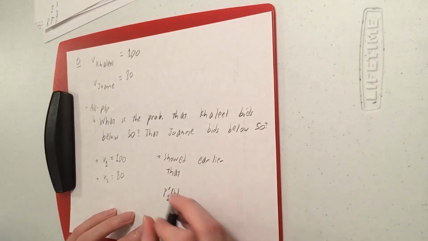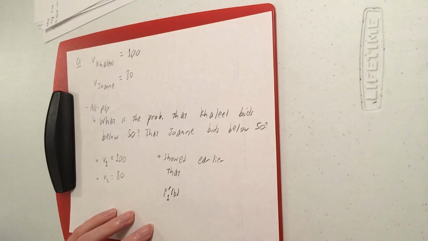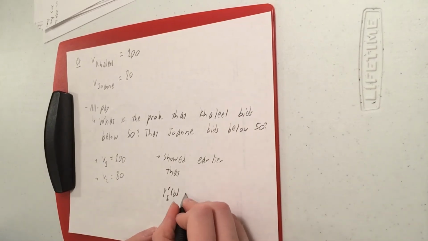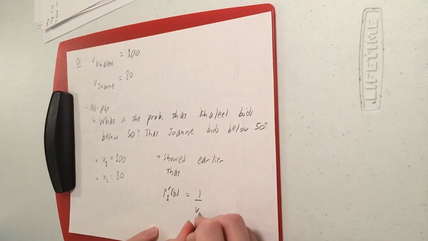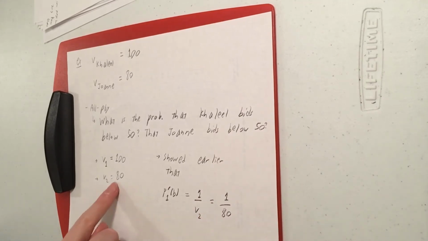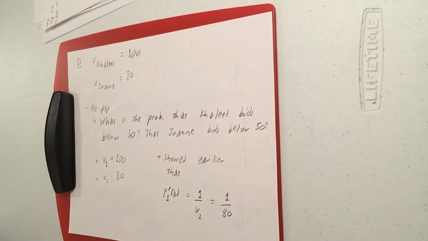So for bidder 1, P prime of B, that is their PDF, their probability density function, was equal to 1 over V2. In this case, that means 1 over 80 because we said V2 is 80 in this example.